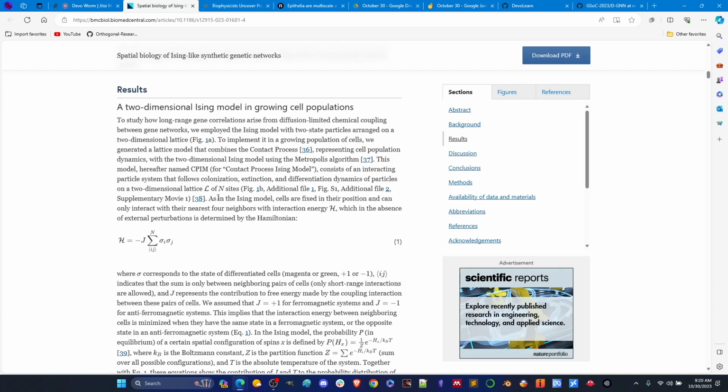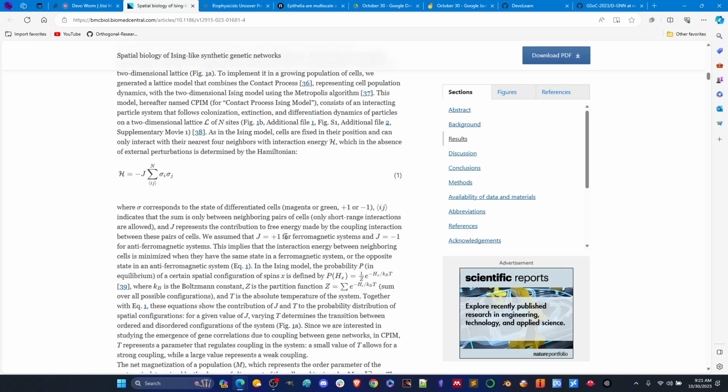And you can model all those dynamics in this model. So as in the original Ising model, cells are fixed in their position. It can only interact with their nearest four neighbors with interaction energy H, which in the absence of external perturbations is determined by this Hamiltonian. So you have these Hamiltonian dynamics in what is essentially like a cellular automata or a cellular POTS type model.